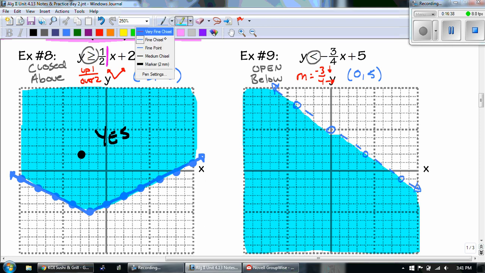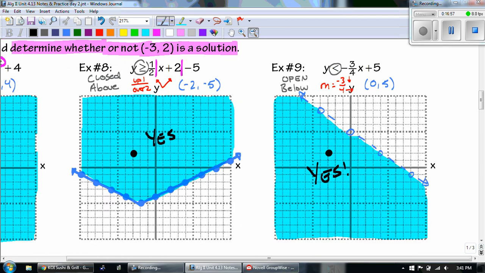All right, and is -3, 2 a part of the solution? The answer? Yes. Oh, I'm crazy. It's not in black, so I'm going to change it. Yes.